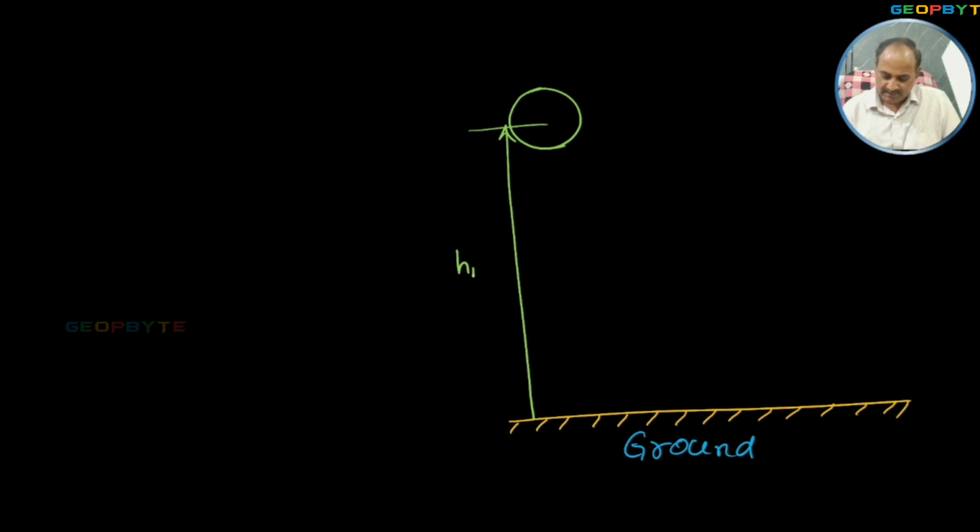At a height of 10 meters, a spherical body is placed. This height, let that height be h1 equal to 10 meters. This is the spherical body.